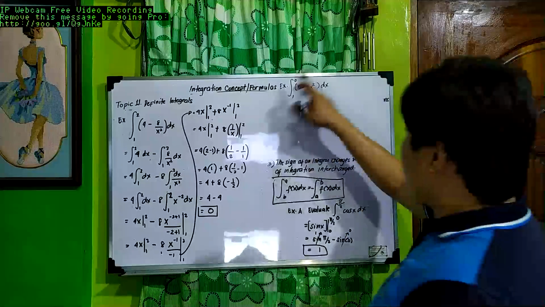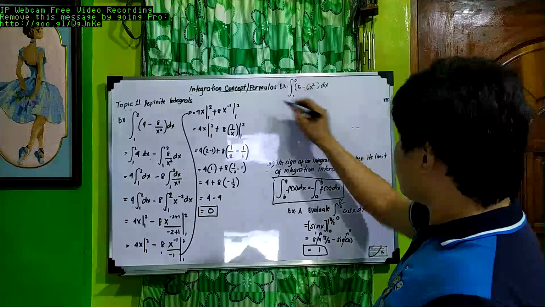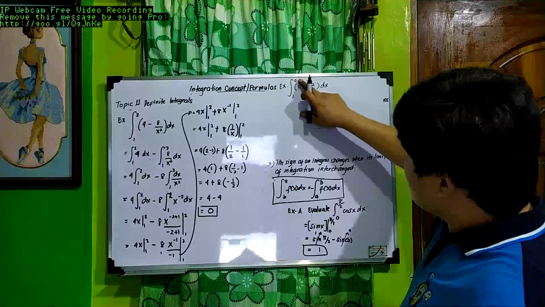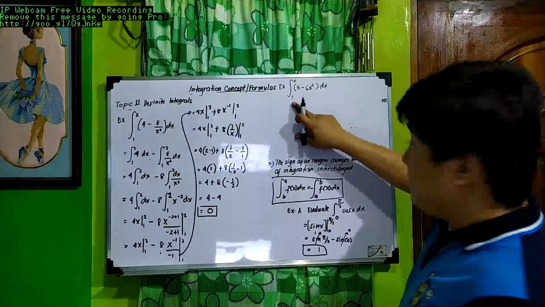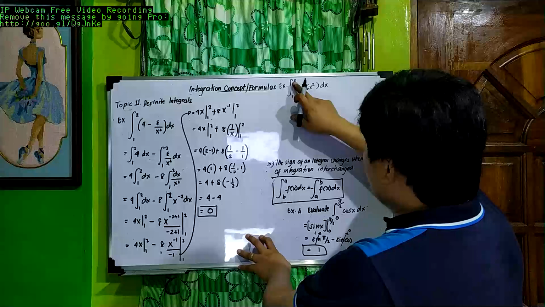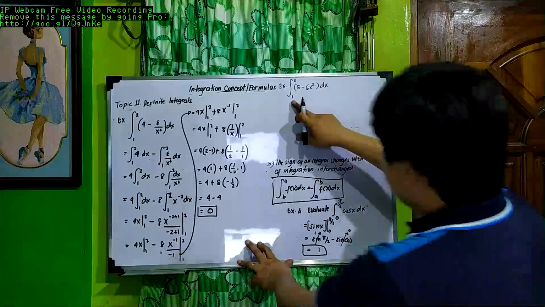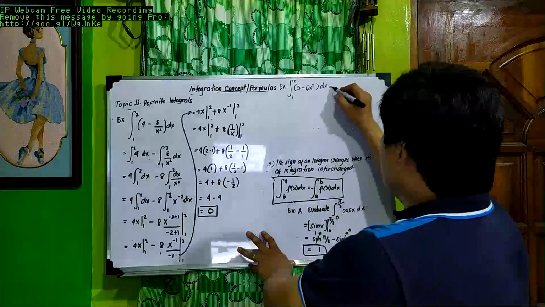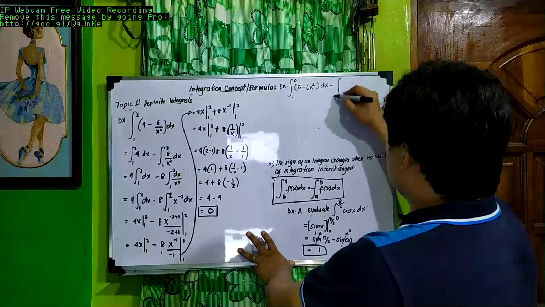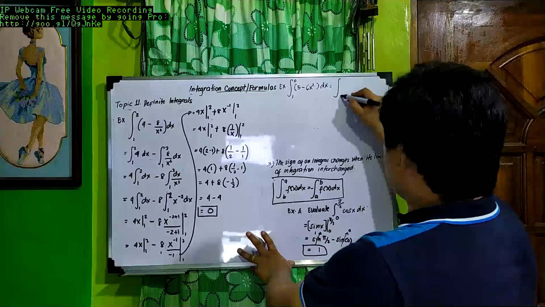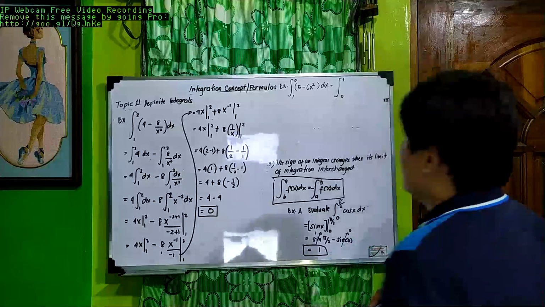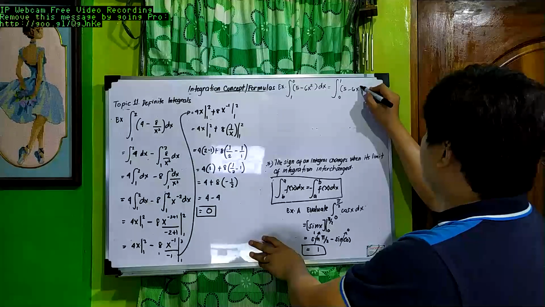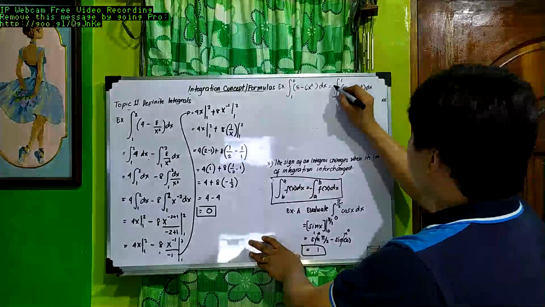We know that our upper limit should be higher than our lower limit. But in this case, the lower limit is 1 and the upper limit is 0. So what we need to do is interchange those limits. 0 goes here, and 1 is on the upper limit. Then write 5 minus, write the function, then multiply it by negative.